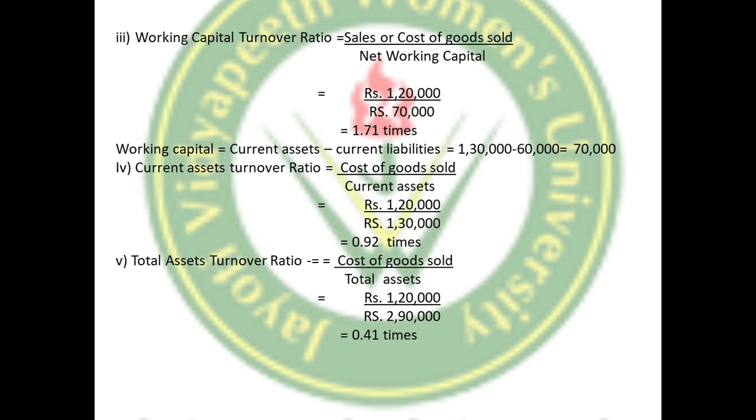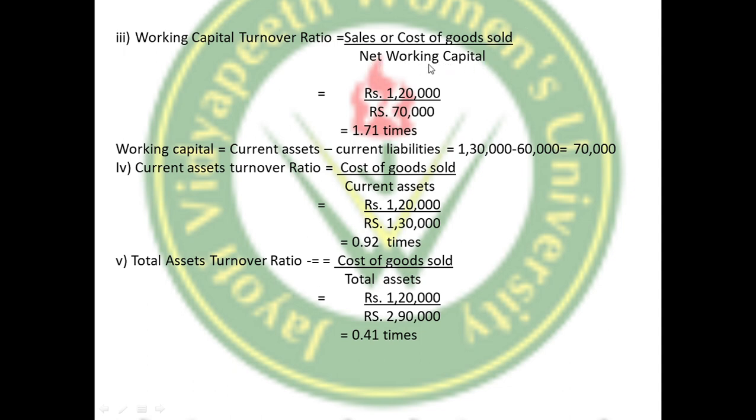The next ratio is working capital turnover ratio. The formula to calculate working capital turnover ratio is sales or cost of goods sold divided by net working capital. Cost of goods sold again we have already calculated in the first part.